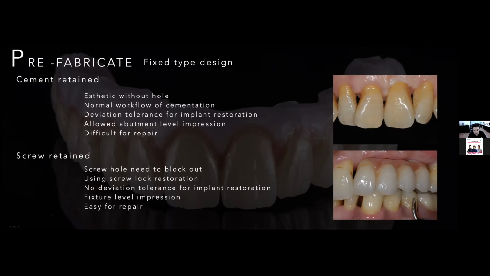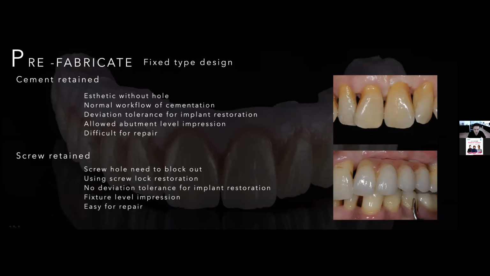Sometimes we use the casting technique, and during the investment it is not very precise, but when we use the scanner and the mini machine every time, we can control the range very precisely and very well. So nowadays some of my dentists like to use temporary cement to fix the final restoration, and then if one day there is some problem, they can remove it and take it back to me to repair.